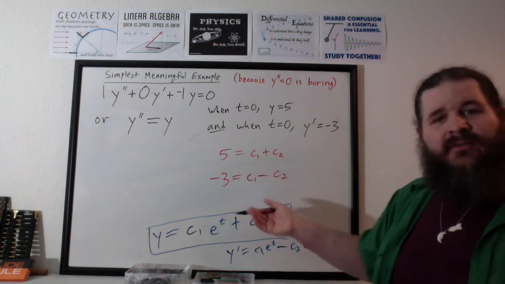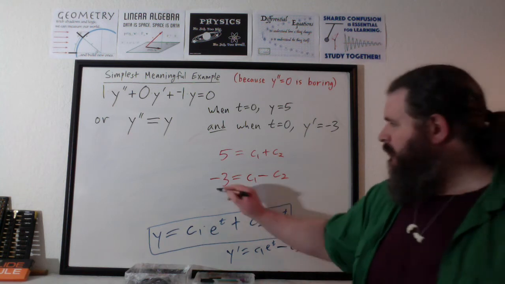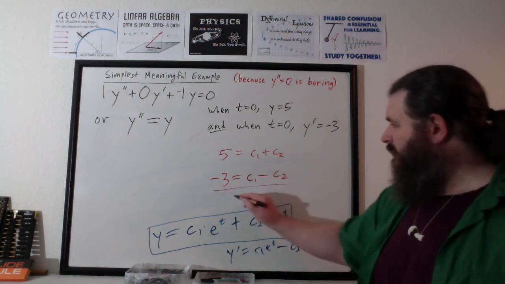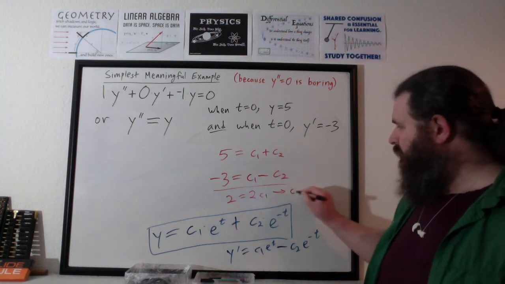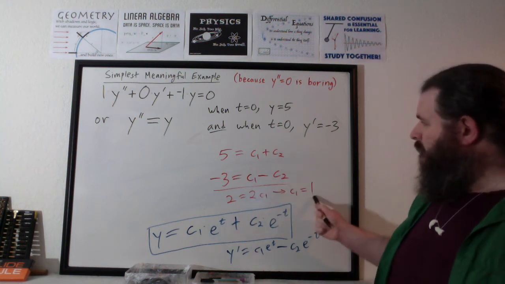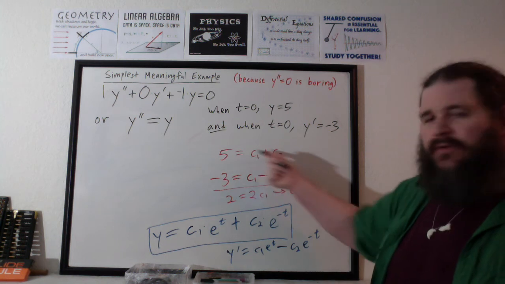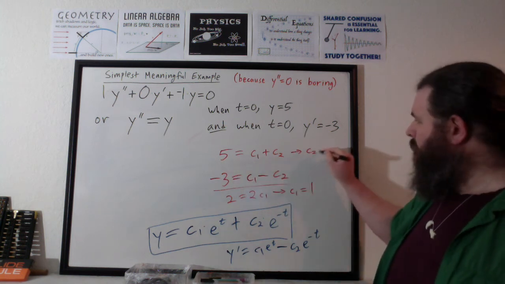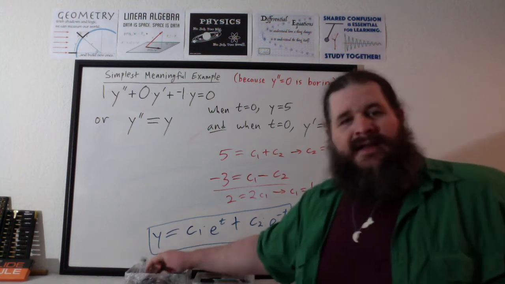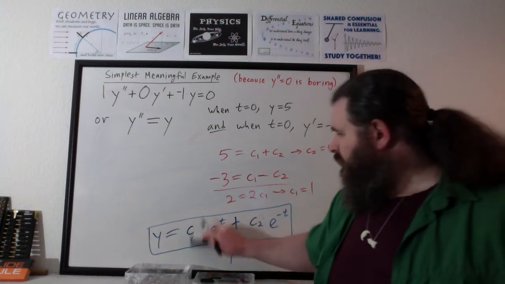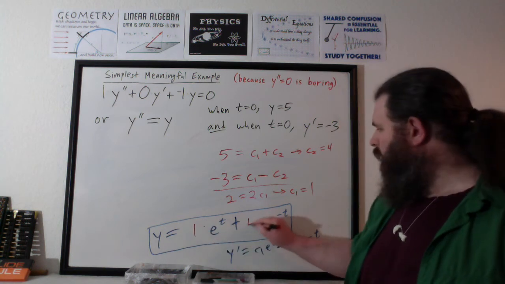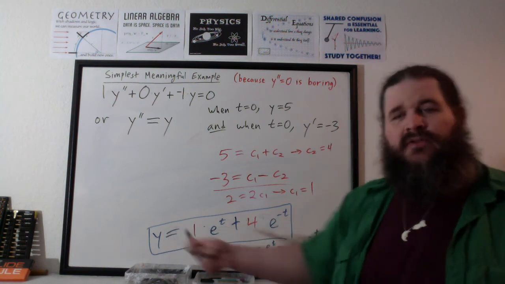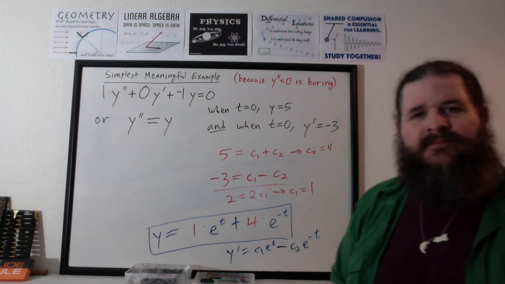And now we have a system of equations we can solve for c1 and c2. For example, in this case, we can just add these together. C2's cancel out, so C1 is 1. Fill that in here. 1 plus C2 is 5, so C2 is 4. We can now fill those in for C1 and C2 in our general solution. C1 being 1, C2 being 4, and this would now be the specific solution that obeys these initial conditions.